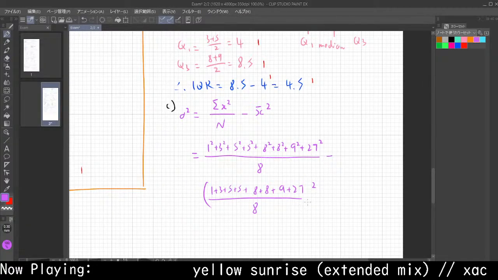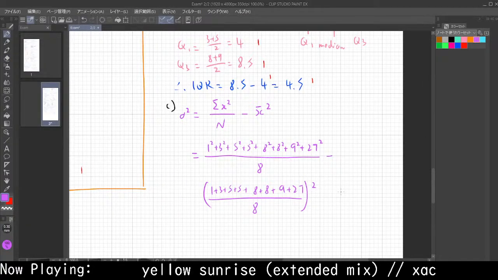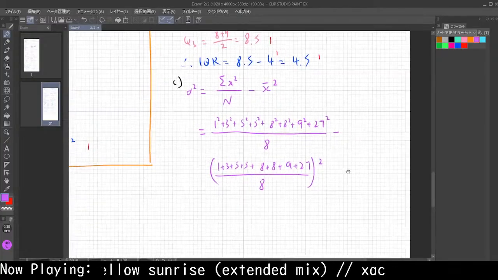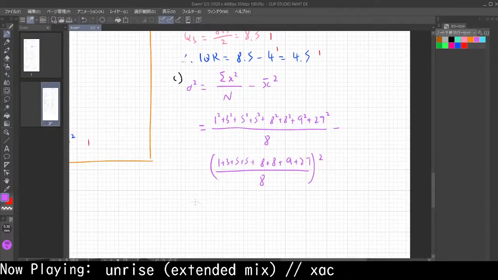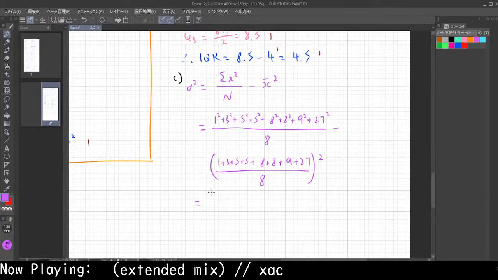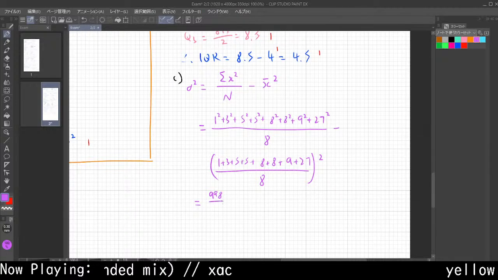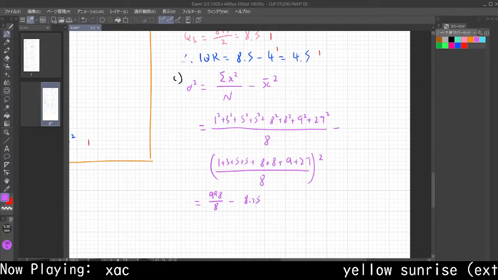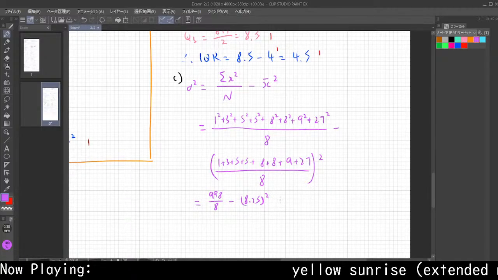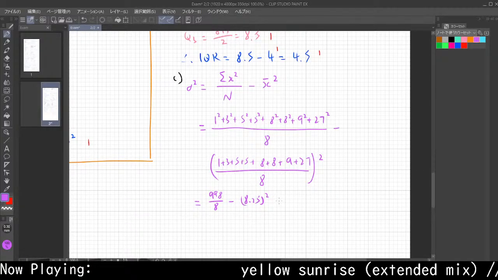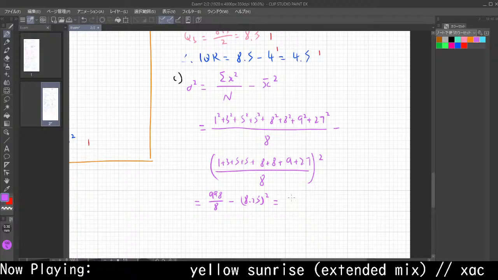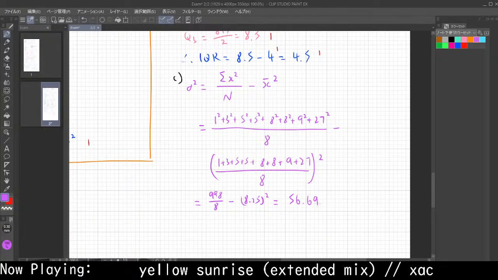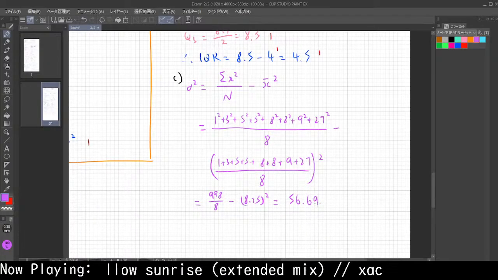You put this in your calculator, and your top one is 998, divided by 8, minus 8.25 square. After going through your calculation, you should get 56.69. So this will be your variance sigma square.